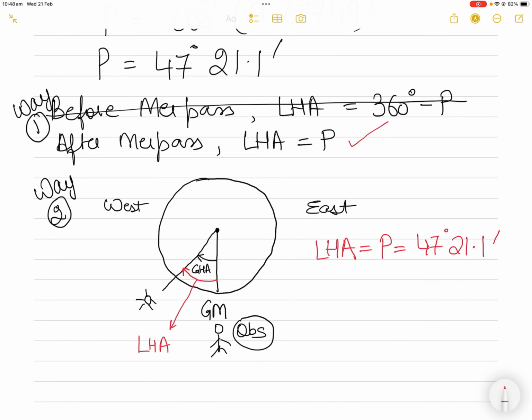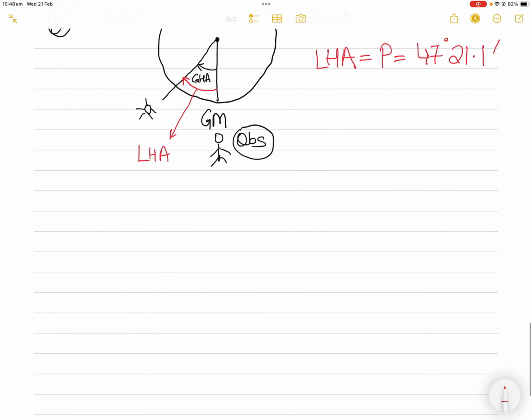Now once you have determined what is LHA, forget about P. You only call this LHA. Don't call it P and start getting confused. You use this as the LHA value. LHA value is 47 degrees 21.1 minutes. GHA you have already found out of the sun is 47 degrees 25.2 minutes.